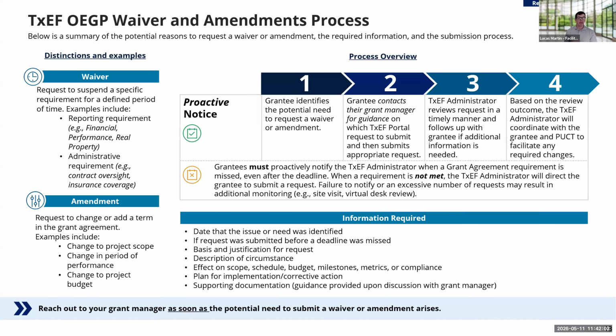This is a process that is built into the Texas Energy Fund portal. However, I'm happy to always answer questions that may come up as it pertains to the need for these waivers. You should reach out to your grant manager if the need, or the perceived need, for one of these comes up, and then we can work with you all in defining the path forward.